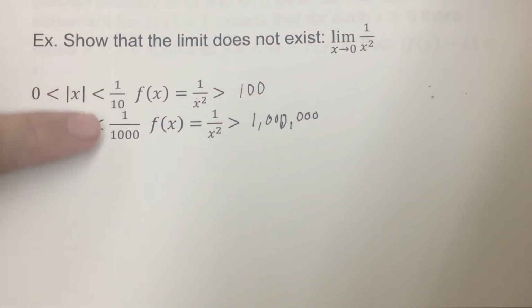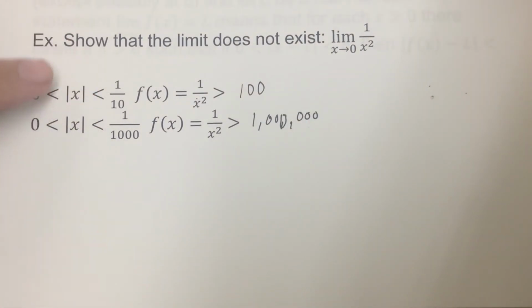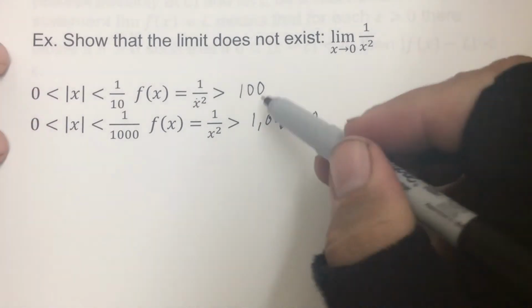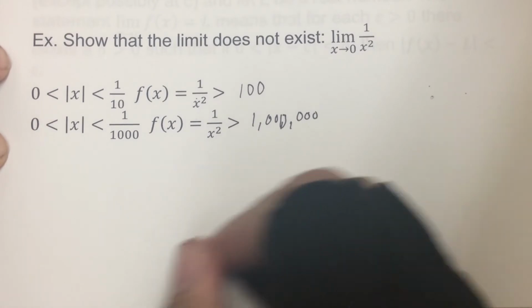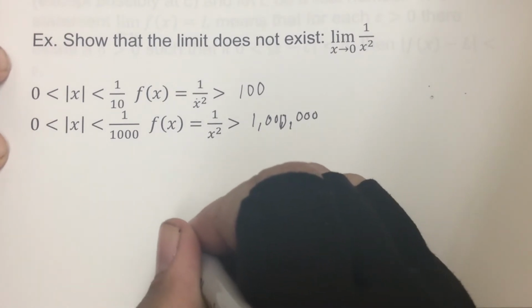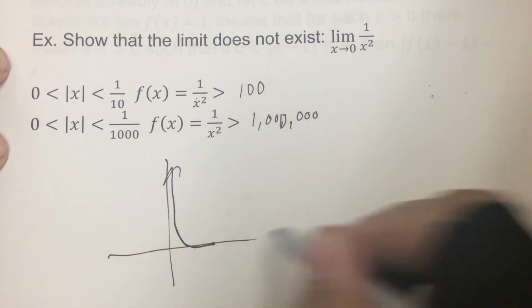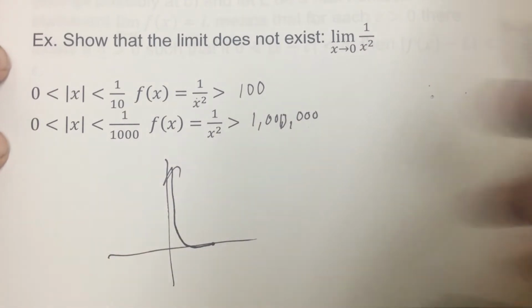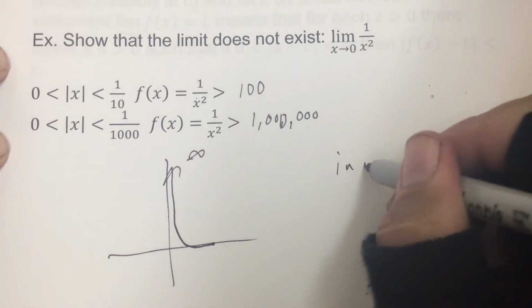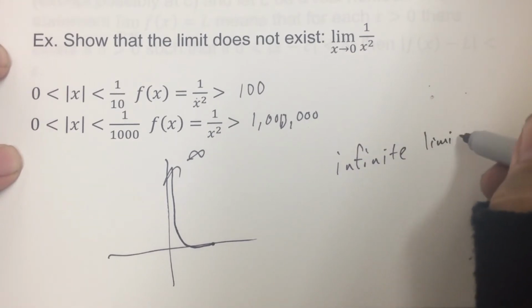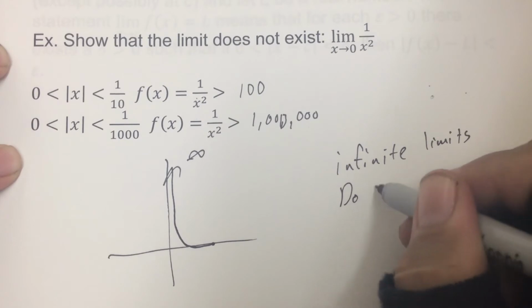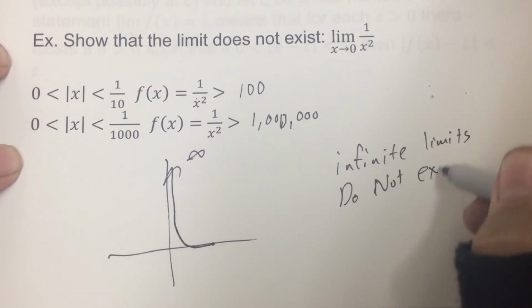As you see, the closer we get to our x, the less of a difference we have, and our numbers start going up by a lot. As we get closer to 0, we curve up and go to infinity if we're looking at our graph. If it goes up to infinity or to negative infinity, the limit won't exist. So infinite limits do not exist.